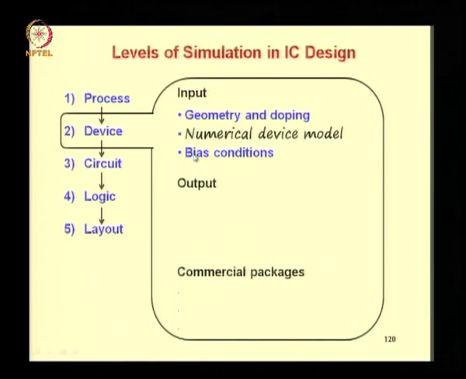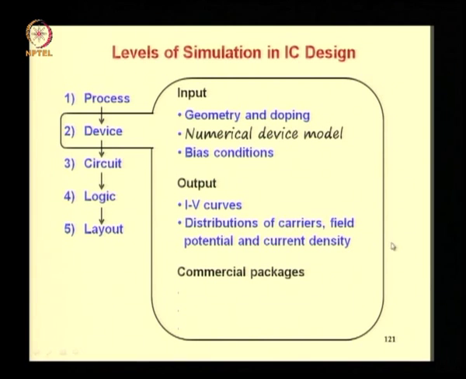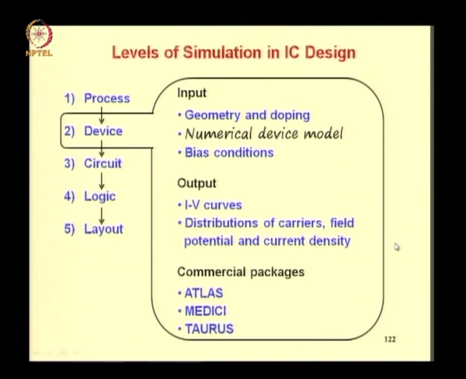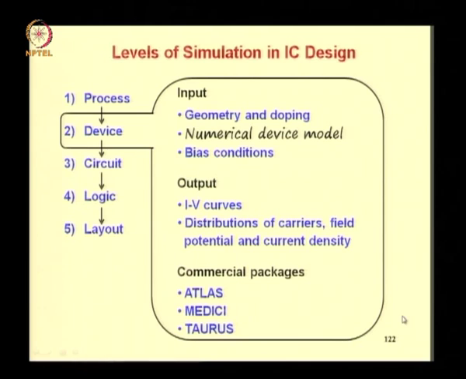You also have to supply the bias conditions on the device, which impose boundary conditions on the equations of the device model. The output of device simulation is a set of current voltage curves and distributions of carriers, field, potential and current density throughout the device. Examples of commercial packages which are doing this kind of simulation, that is device simulation, are Atlas, Medici and Taurus. Some other examples are also there.